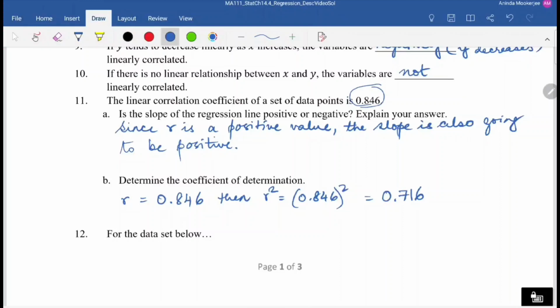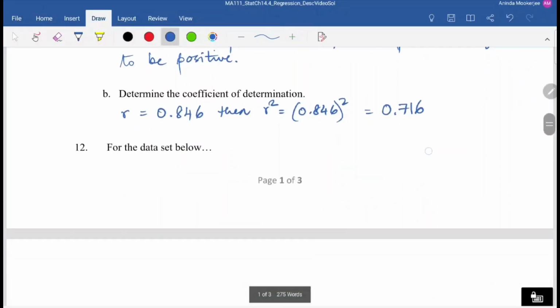If you take the square root of r squared, you will come up with the absolute value of r, but you won't know which sign to associate.